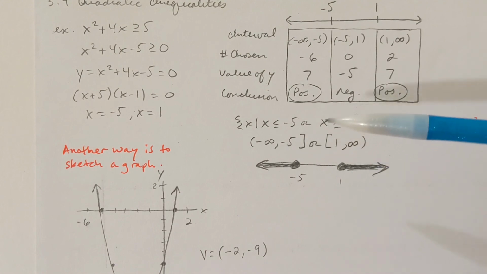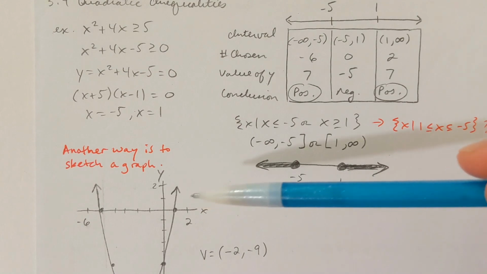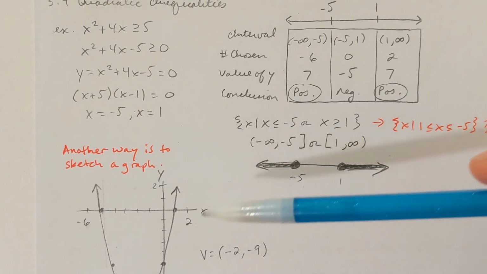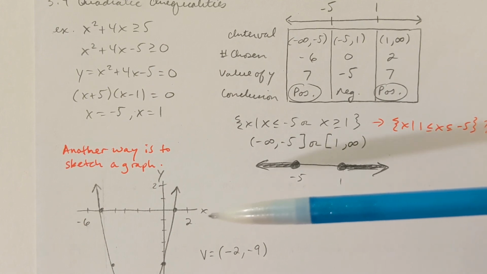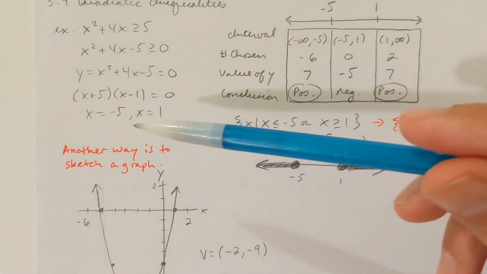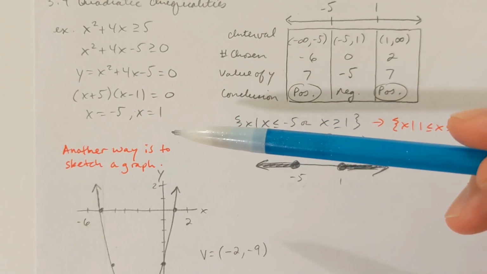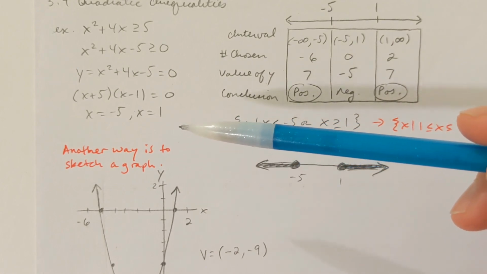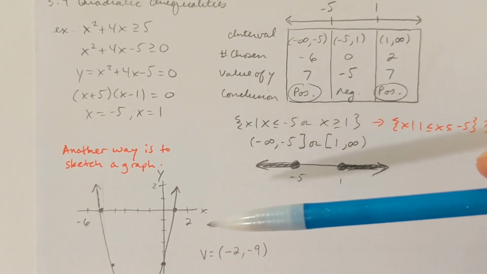Now, I prefer that you use a table instead of using a graph. A graph can be helpful, but you're kind of limited with a graph because you're hoping that the x-intercepts are nice counting numbers like -5 and 1, and sometimes they're not.